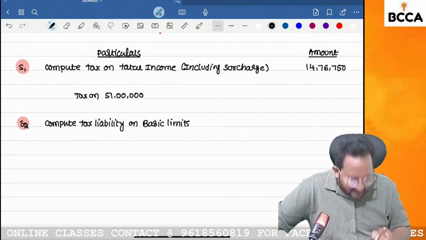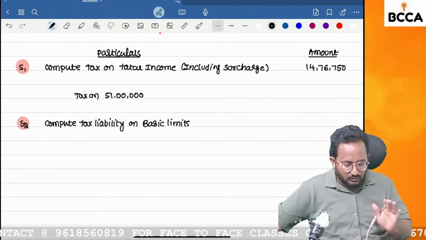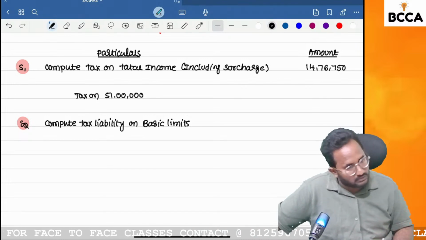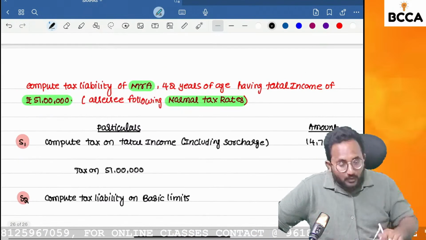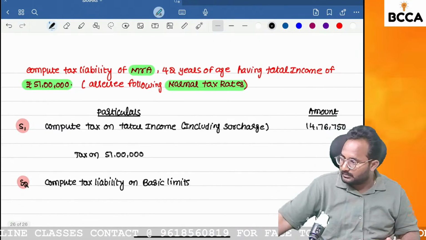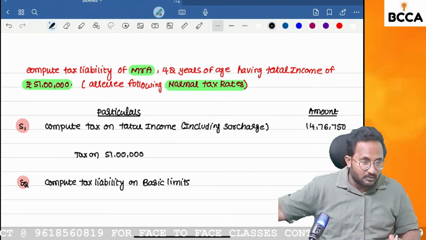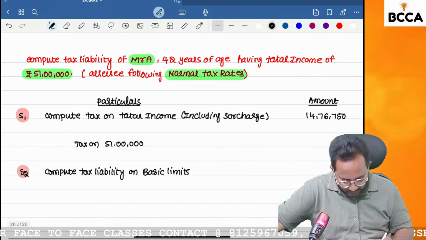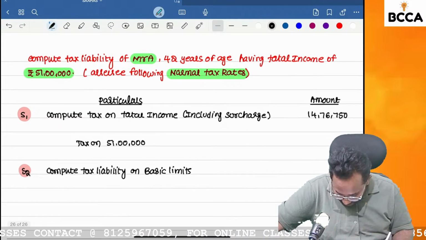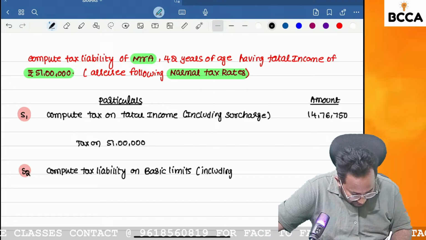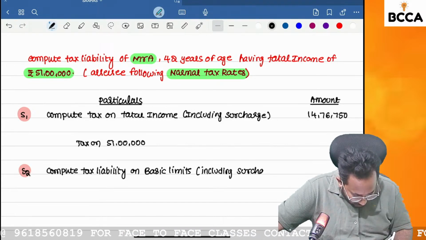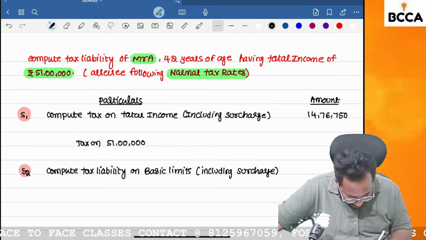I am just giving the name as basic limit; in any book, you can't find the words basic limits. I am giving that simplified word. For this problem, what is the basic limit, all of you? 50 lakh. Plus, if surcharge is applicable, you have to find the surcharge also, so you have to add that.